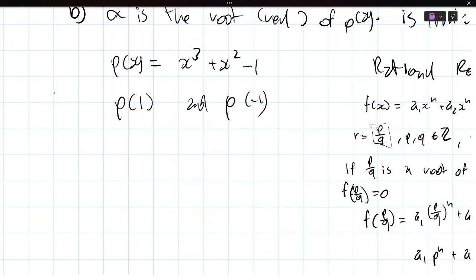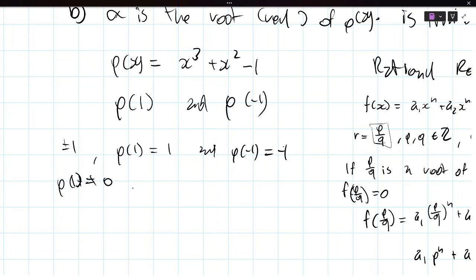I know that my possible candidates of rational roots are plus minus 1. So P(1), which is equal to 1, and P(minus 1), which is equal to minus 1. Is that correct? Yes. Now, none of these satisfy our condition that it has to be equal to 0.